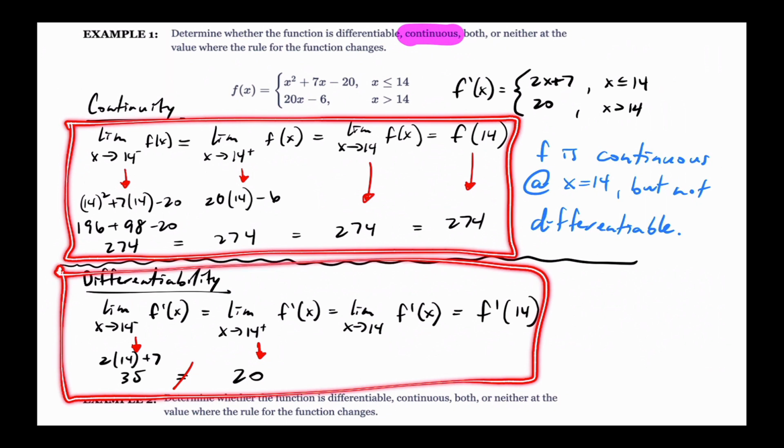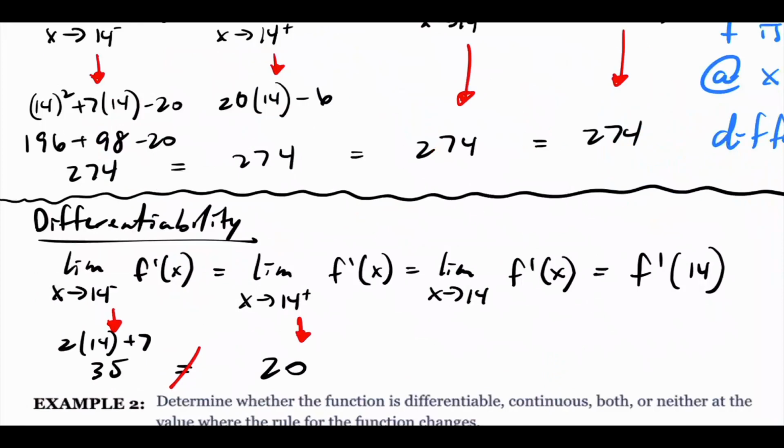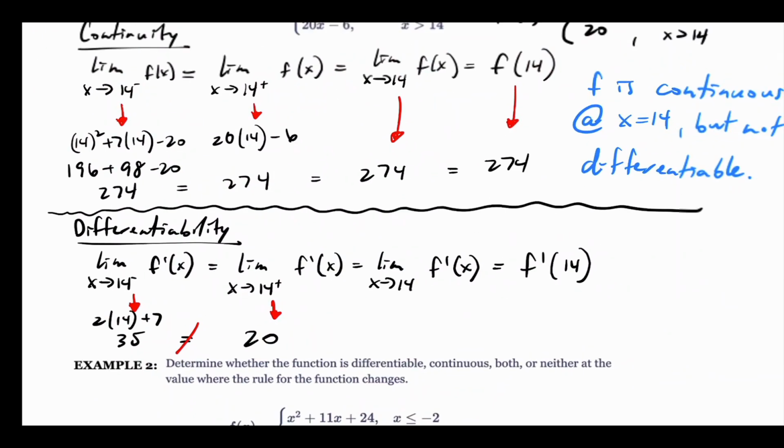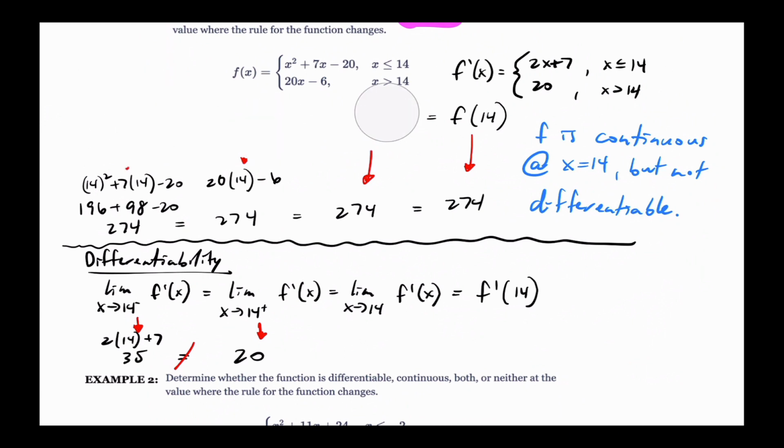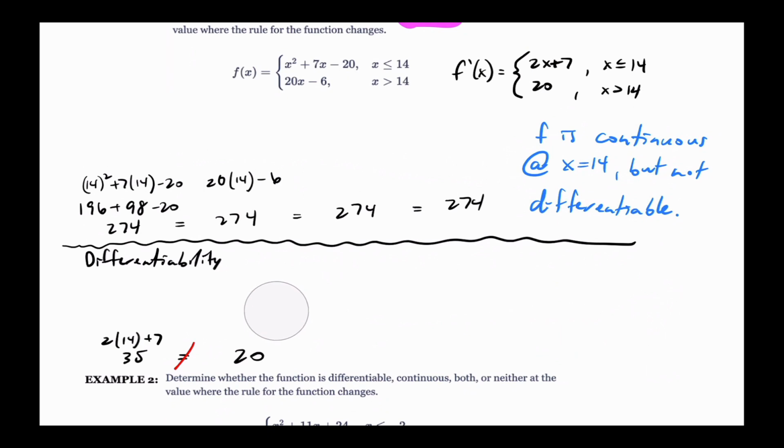This is what I see on tests, though. People will put this, and they'll say that's justification.